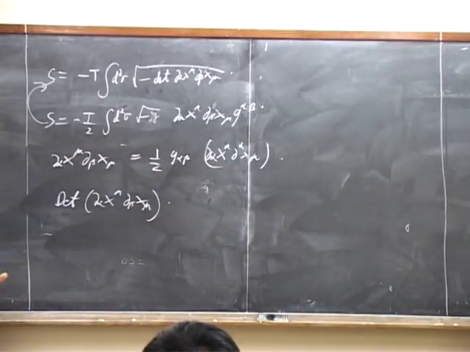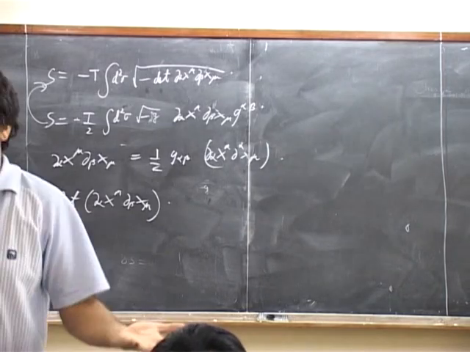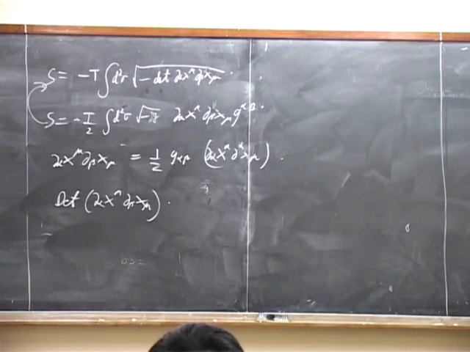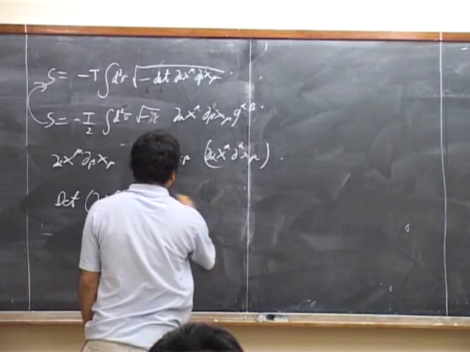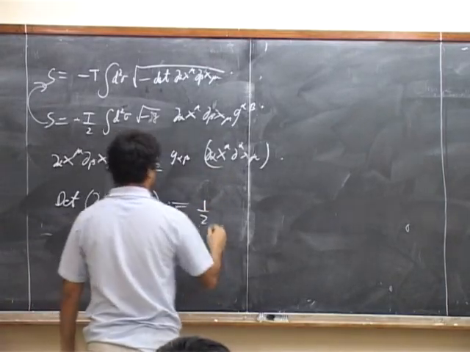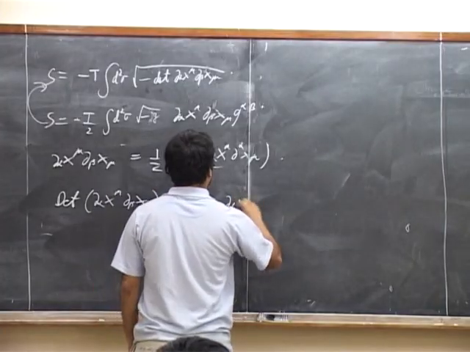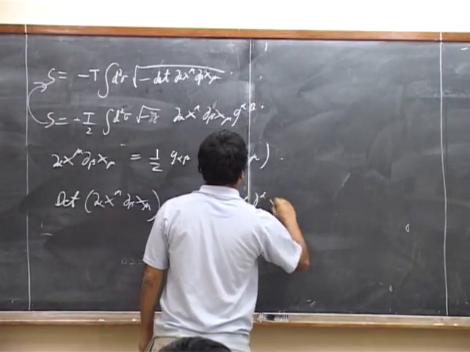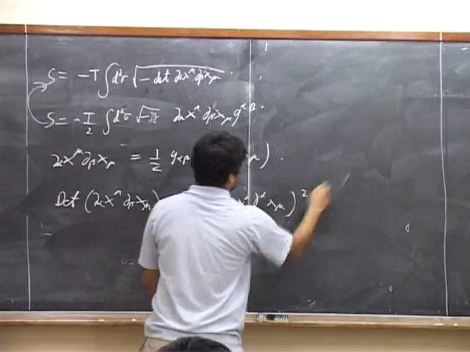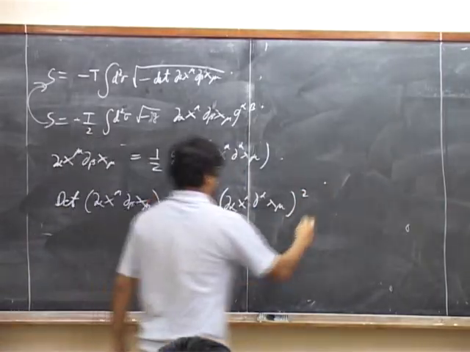It's a 2 by 2 matrix, so the determinant is multiplied by the constant squared. So we get half squared, that's 1/4, times (∂_α x^μ ∂^α x_μ) squared times det of G.